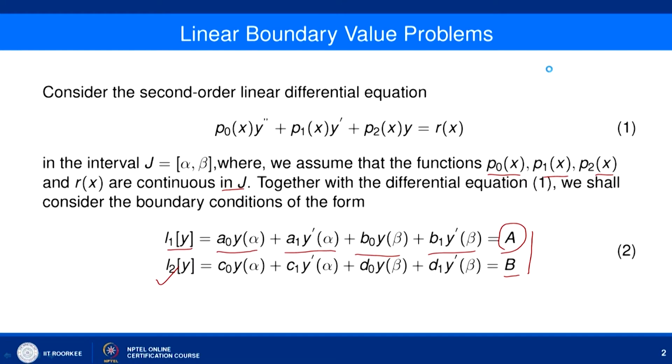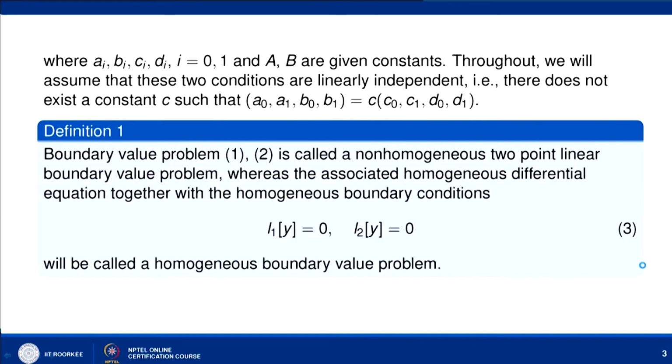Here we are assuming that the vector A naught, A1, B naught, B1 is not a scalar multiple of C naught, C1, D naught and D1. So, it means that these two vectors are linearly independent vectors. So, we are precisely working with two linearly independent boundary conditions rather than one boundary condition. Here I am assuming that there exists no k for which this is true. So, we are assuming that the conditions given in 2 are linearly independent boundary conditions.